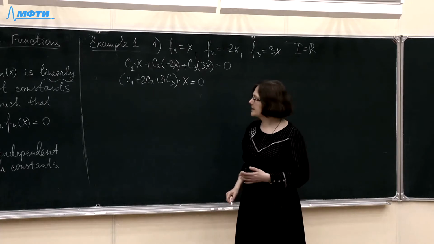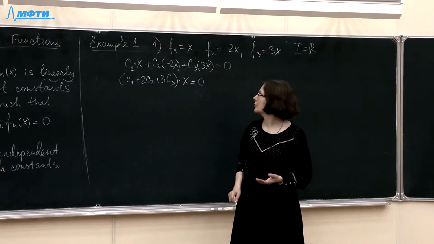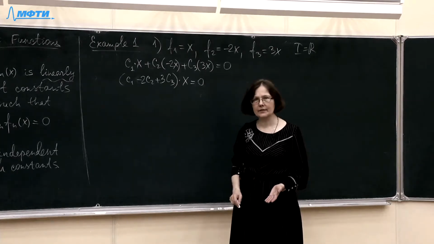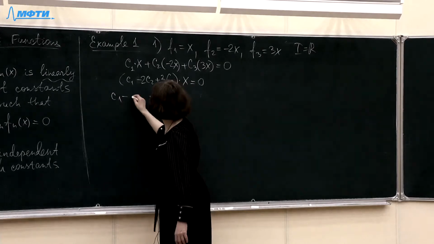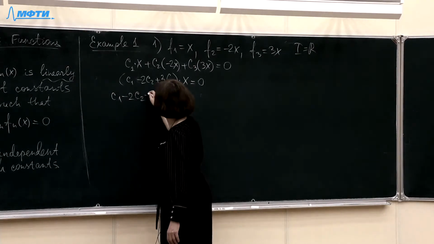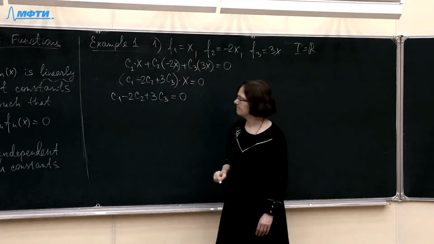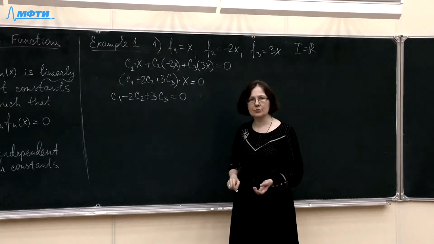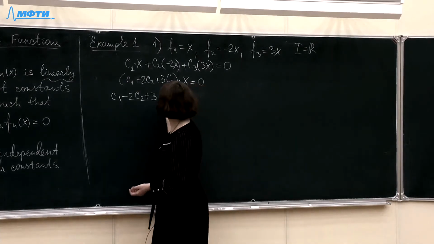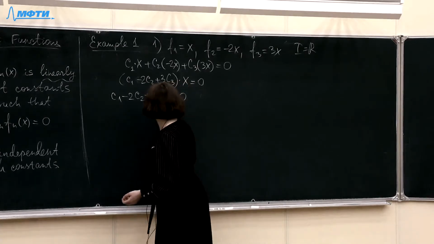Okay, can this equation be satisfied identically for some values of C1, C2, and C3? Of course, yes. So we need to solve the following linear homogeneous equation equals 0. It has infinitely many non-trivial solutions. For example, I will start with C3.